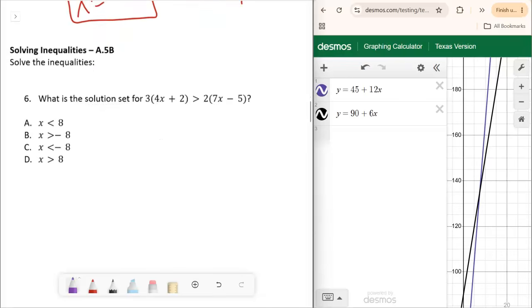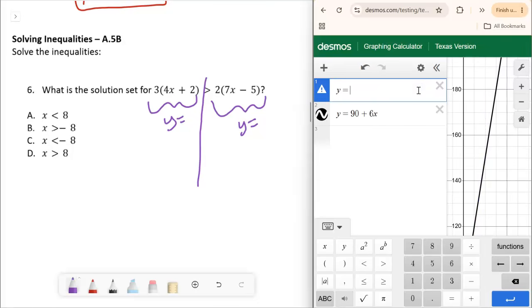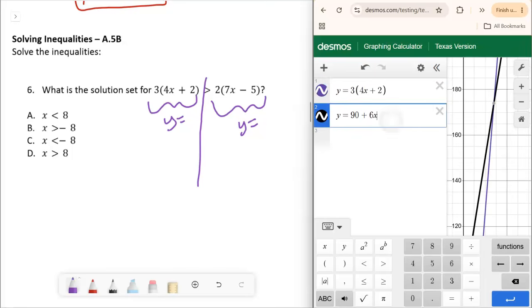Problem number 6. I can also do this with Desmos, y equals. So let's type it. 3 parentheses 4x plus 2 close parentheses and 2 parentheses 7x minus 5.